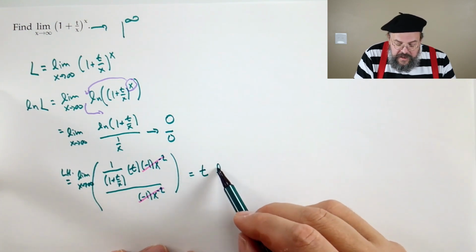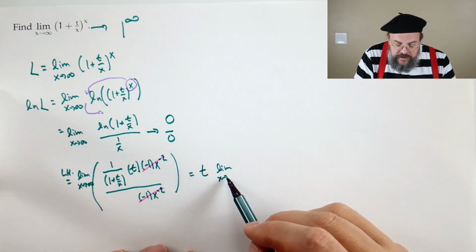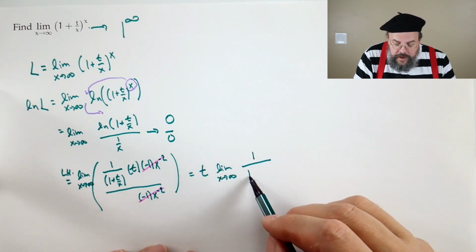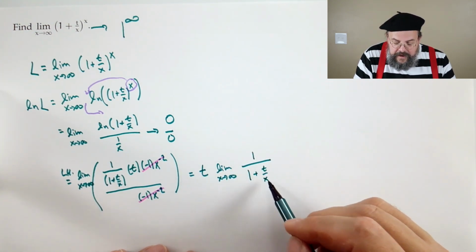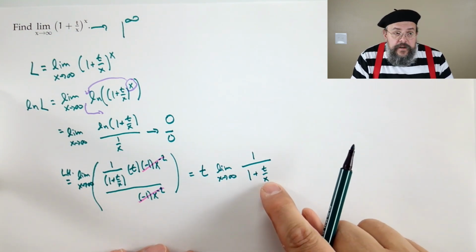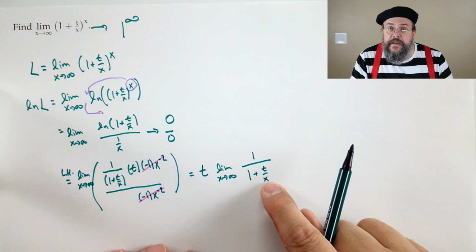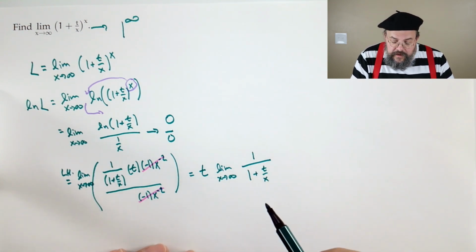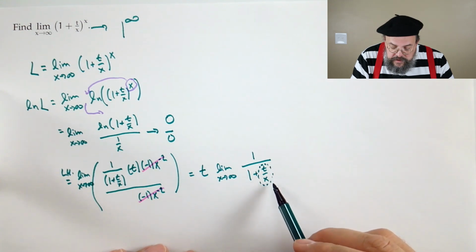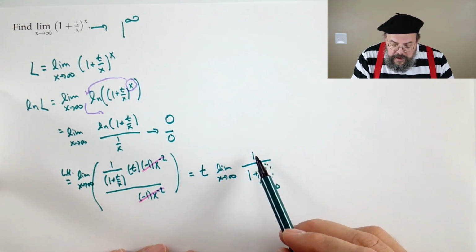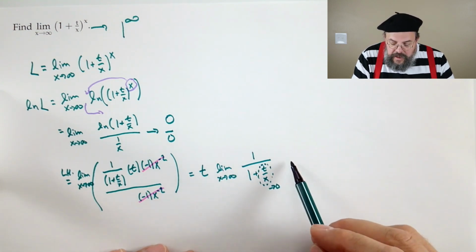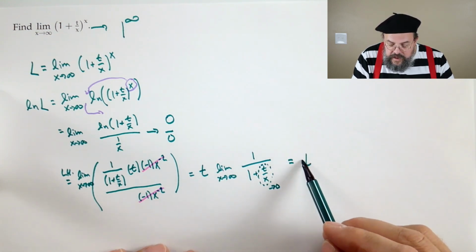So we have t, the limit, as x goes to infinity of 1 over 1 plus t over x. And the only place where x shows up is right there. And as x gets big, t over x gets small. So this part right here, that's going to go to 0. So I get 1 over 1 plus 0, which says the limit part is 1. And so we're left with t.